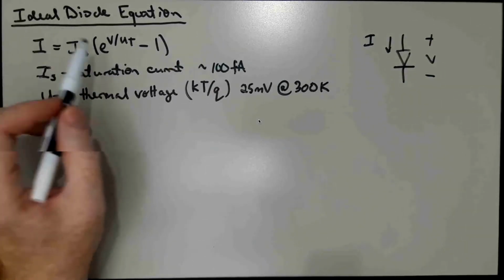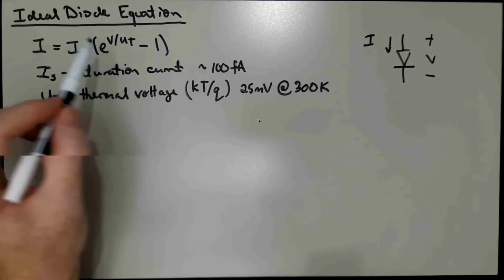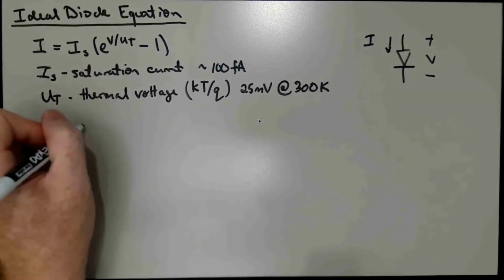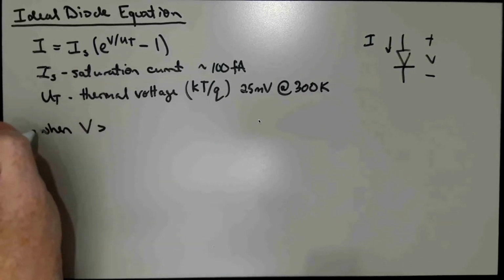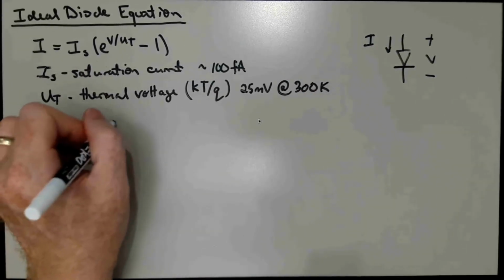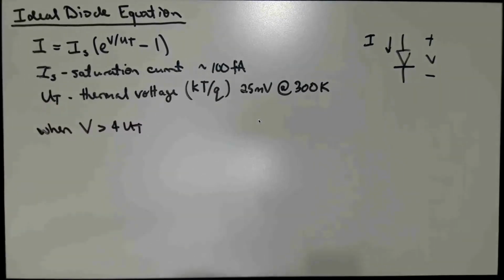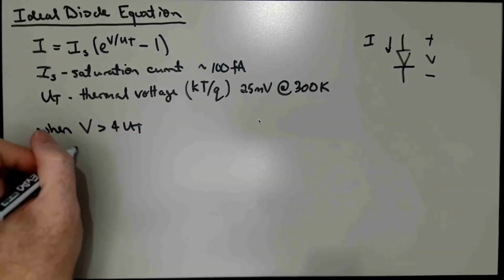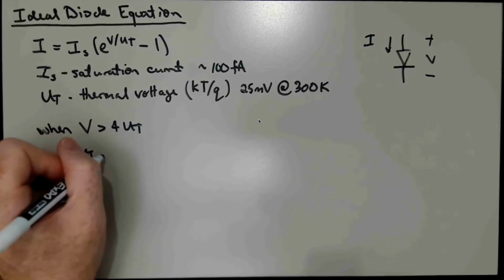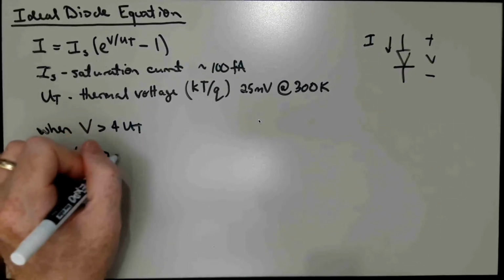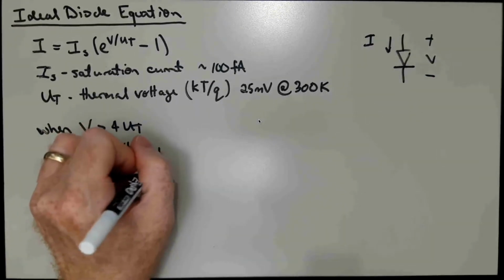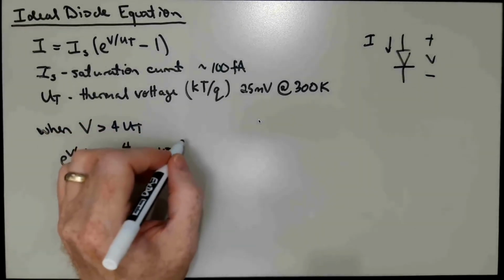You'll notice that when V is positive, very quickly the exponential grows. When V is greater than, let's say, 4 thermal voltages, e to the v over ut is greater than e to the 4, which is about 100, and that is much greater than 1.